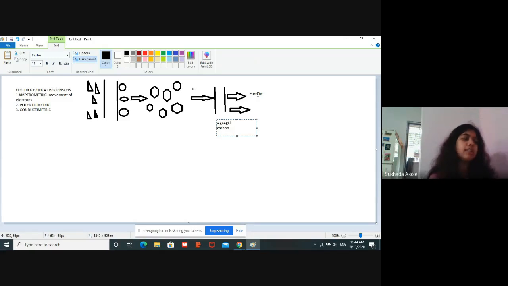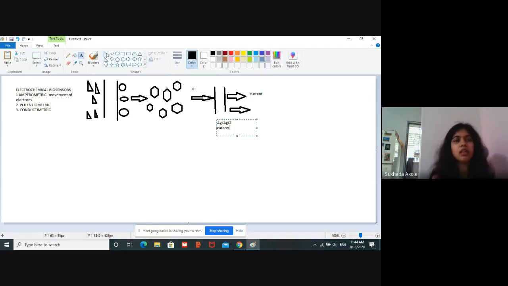Now let us draw a diagram for our potentiometric biosensors. So what do I have? I have a material where I have my immobilized enzyme or cell or any biological material for that matter.